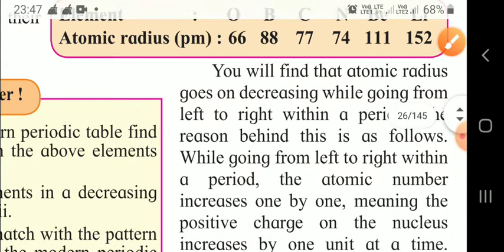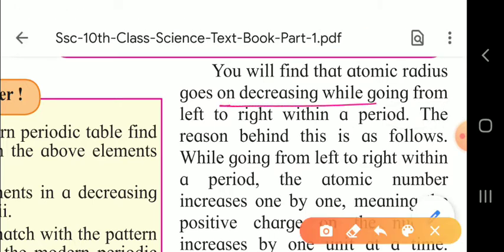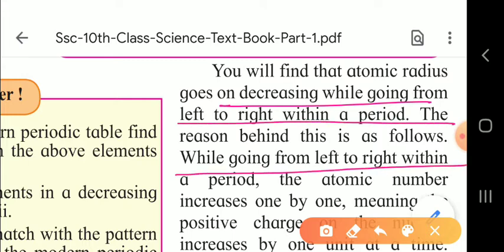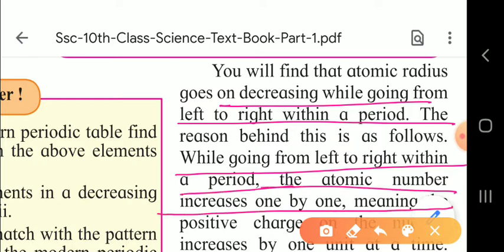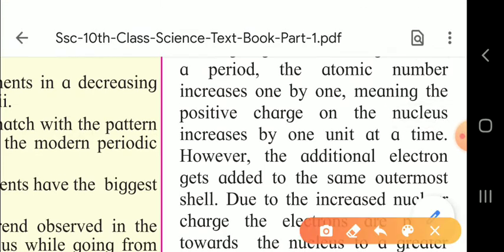Now we'll see that atomic radius goes on decreasing while going from left to right within a period. What is the reason behind this? While going from left to right within a period, the atomic number increases one by one. If atomic number increases, that means the positive charge on the nucleus also increases by 1 unit.